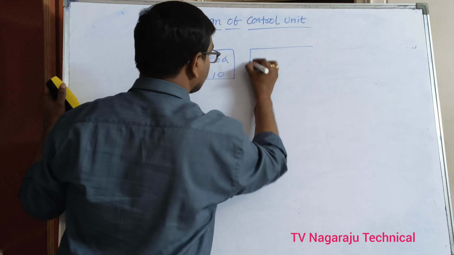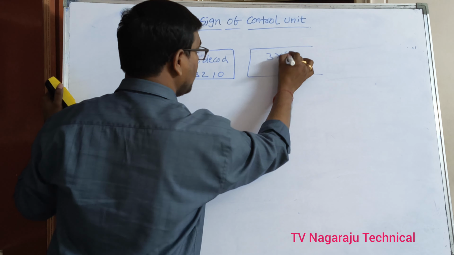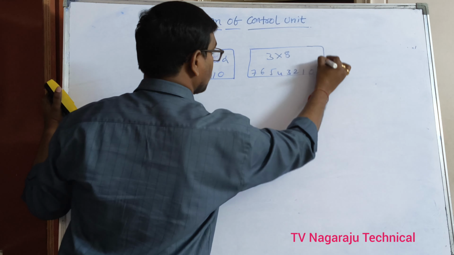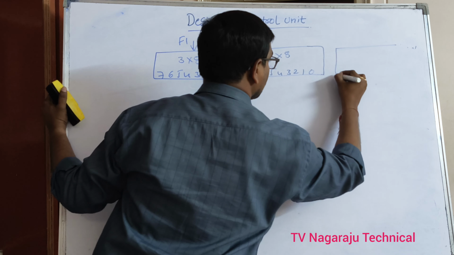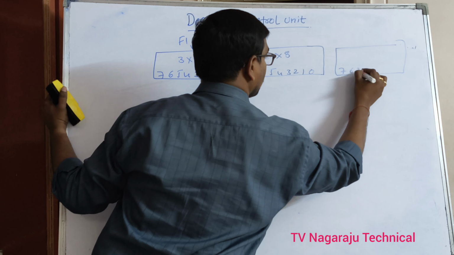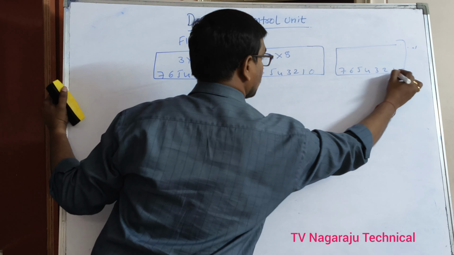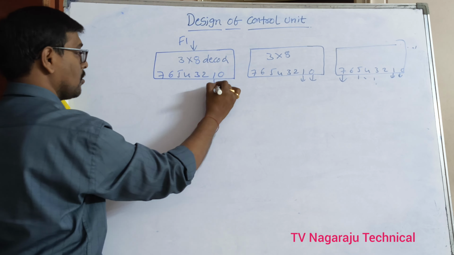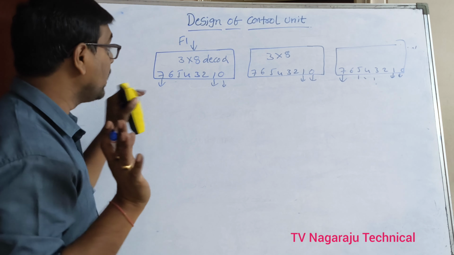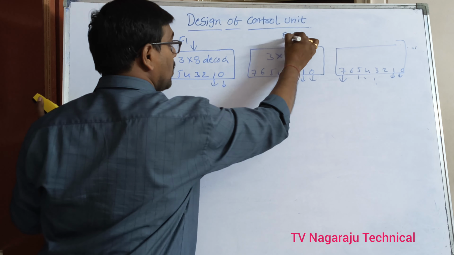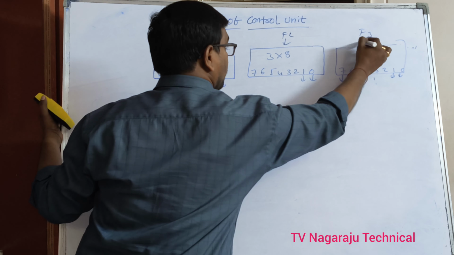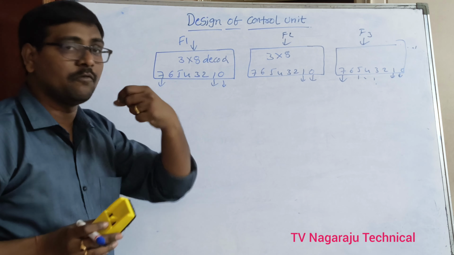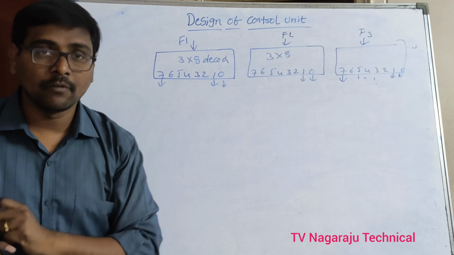Similarly, 3 by 8 decoder for F2 and for F3 also. Now this is F1, F2, F3. Now consider some examples of what F1 performs, F2 performs, F3 performs.